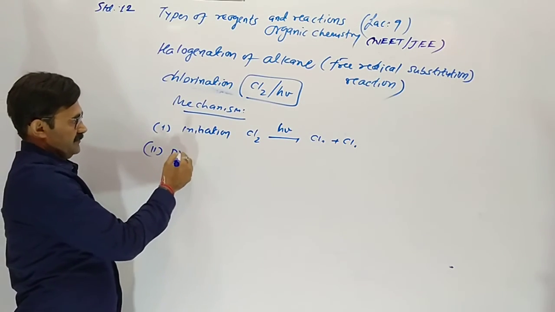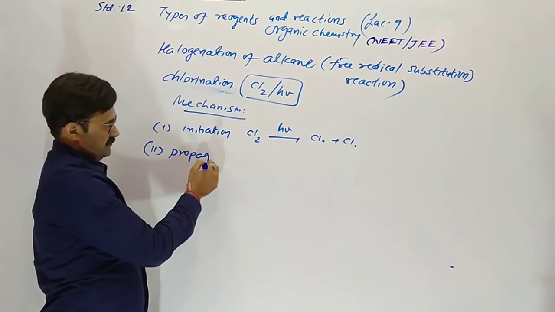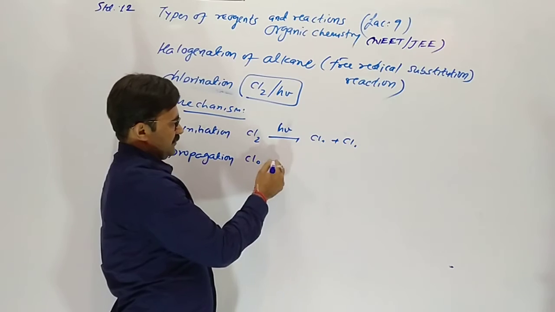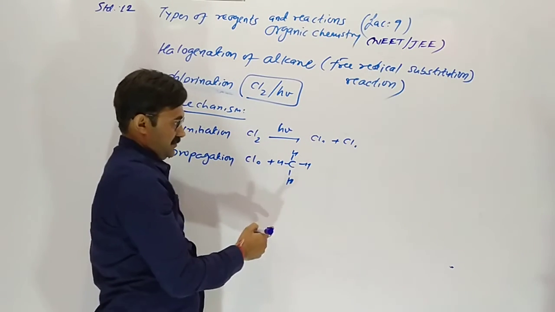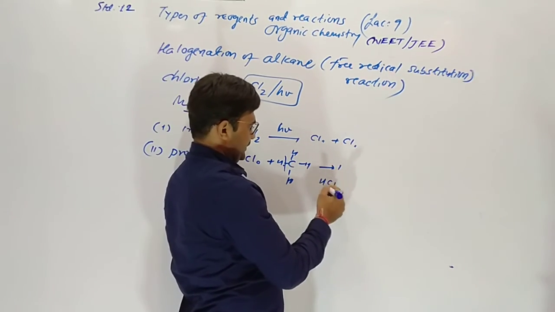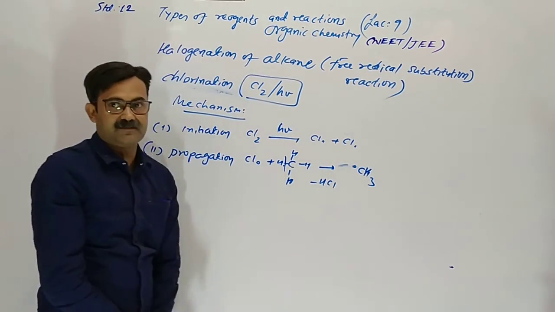Then propagation: chlorine free radical comes to methane, takes one hydrogen and leaves as HCl, giving a methyl free radical.